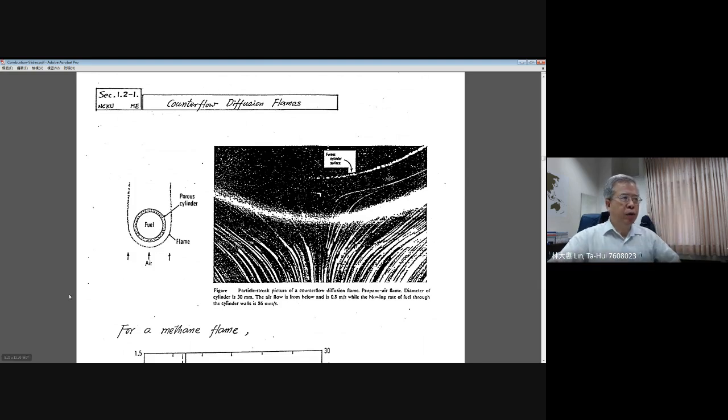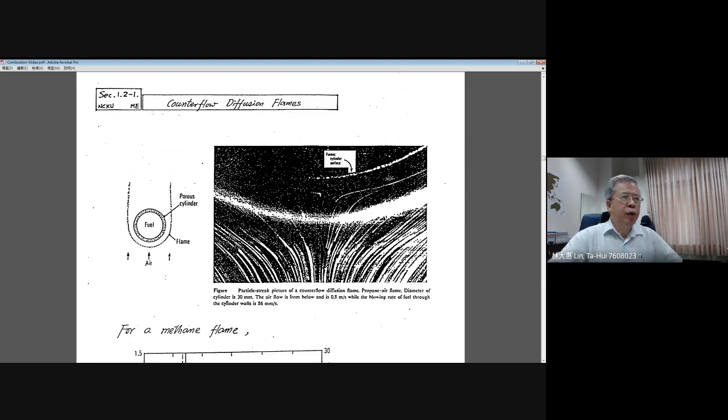You will have a so-called stagnation point flow. And this stagnation point flow basically is a counterflow because two flows meet together, but the stagnation plane has a curvature. Okay, since the upper burner actually is a cylindrical, circular shape, the injection of the fuel will go at different angles to meet with the outer air.